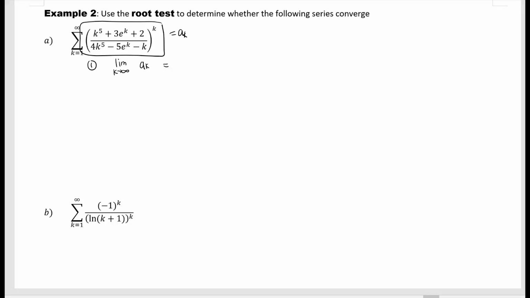For the things inside the parentheses, when k goes to infinity, it looks like 1 over 4. And so it looks like 1 over 4 to the k. 1 over 4, the base is less than 1, so we have the exponential function going down. So you can see this goes to 0. So the limit of the sequence is actually 0. Okay. So which means we should go to the second step. You can see here is everything to the power of k. If you see something like that, use root test.